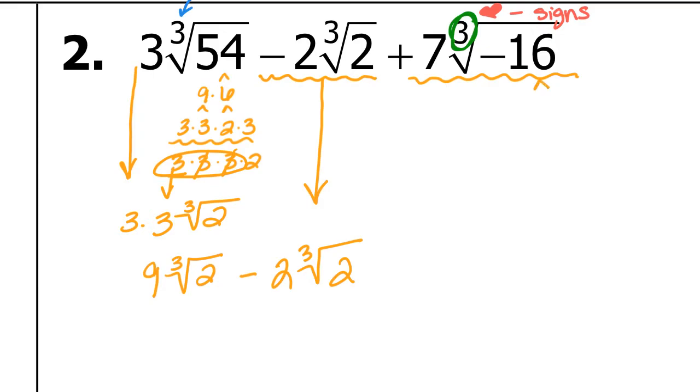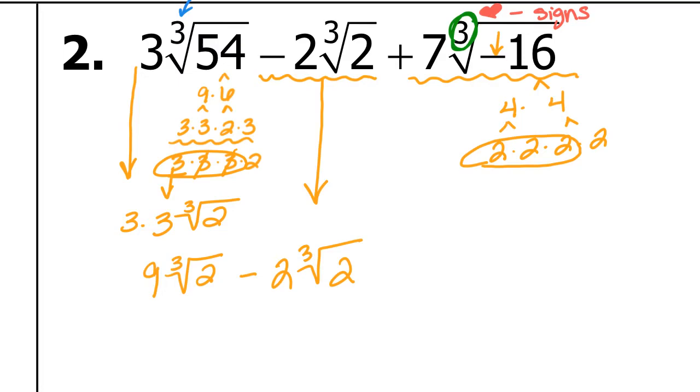So when I break down the 16, this can be broken down into 4 times 4, and both of those 4's can be broken down into 2 times 2. So I know I'm looking for triplets, and I also know I have to deal with my negative sign.